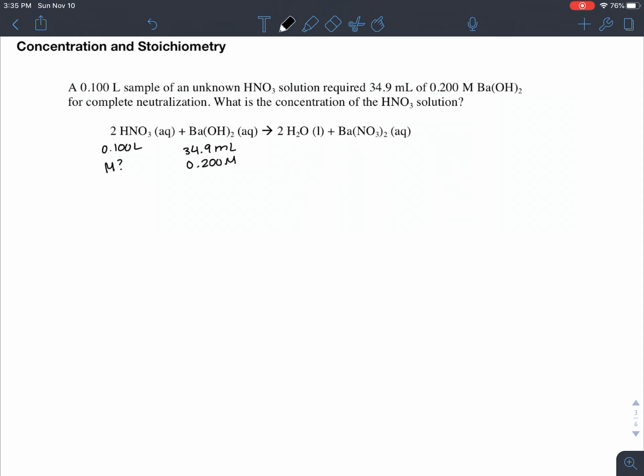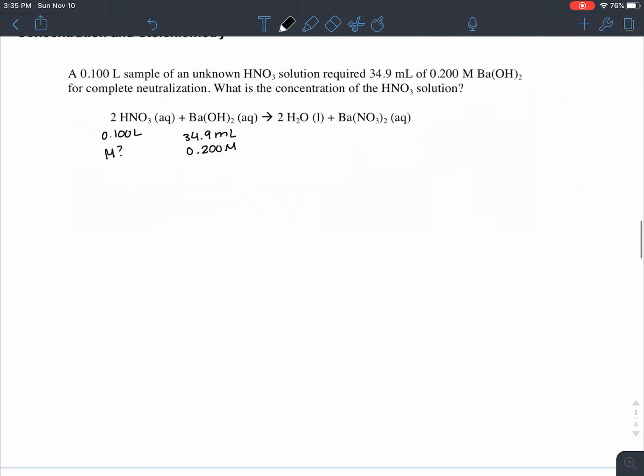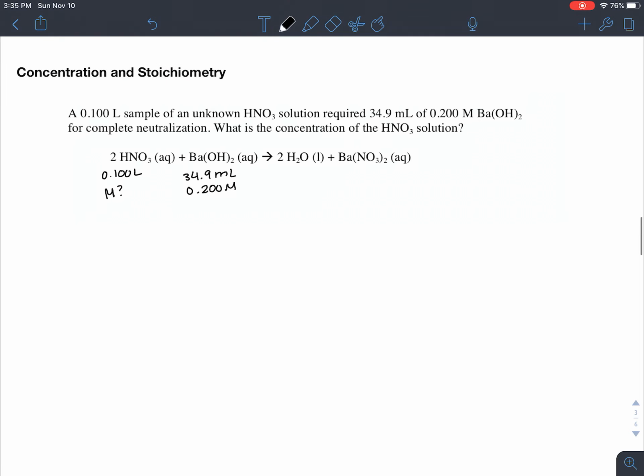We're given information for barium hydroxide. Another way I always like to write the molarities, I like to say, well, 0.2 molar means 0.200 mole over liter. And I know that 34.9 milliliters, if I divide that by 1,000, gives me 0.0349 liters.